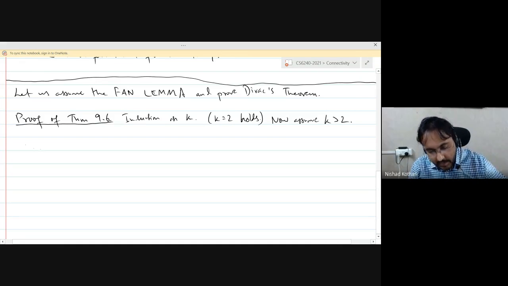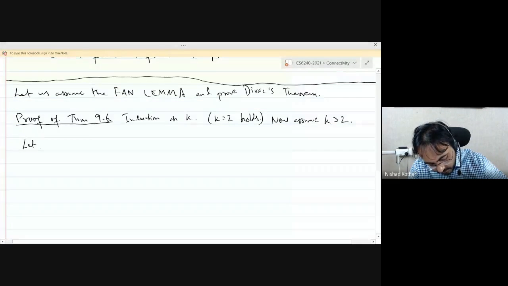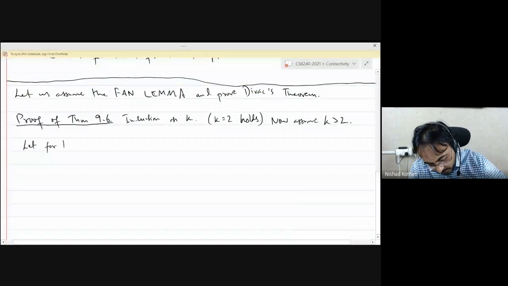Let's say we know that the statement is true for up to K equal to 4, and we are trying to prove it for K equal to 5. Of course, I would not do this when I'm writing a rigorous proof, but right now my goal is to illustrate what's going on.